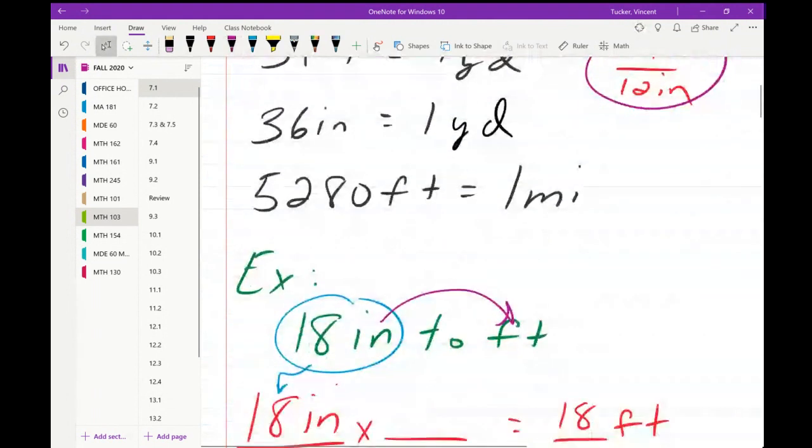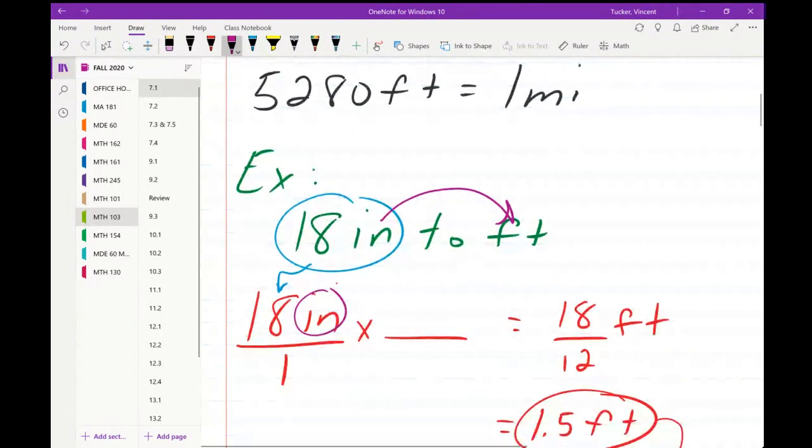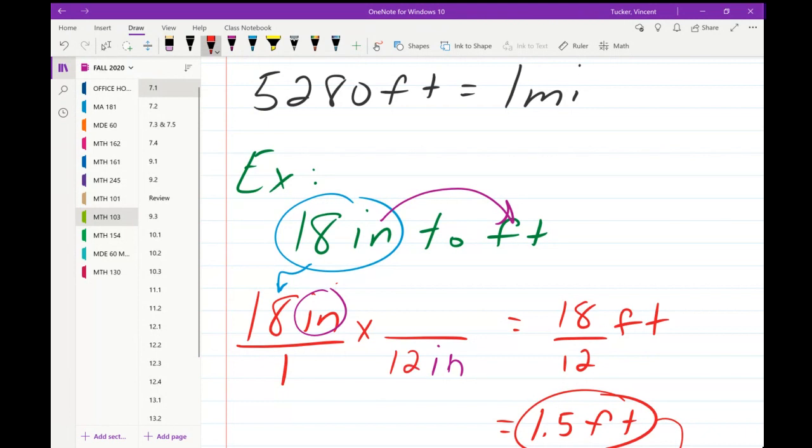So what dictates that is what we're starting with. We're starting with inches. And if that's the case, then I need inches down here. I need inches over inches to be able to cancel out. So that means I'll do 12 inches on bottom and then the 1 foot on top. So once again, if I have inches right here, I need inches down here in order for them to cancel out.